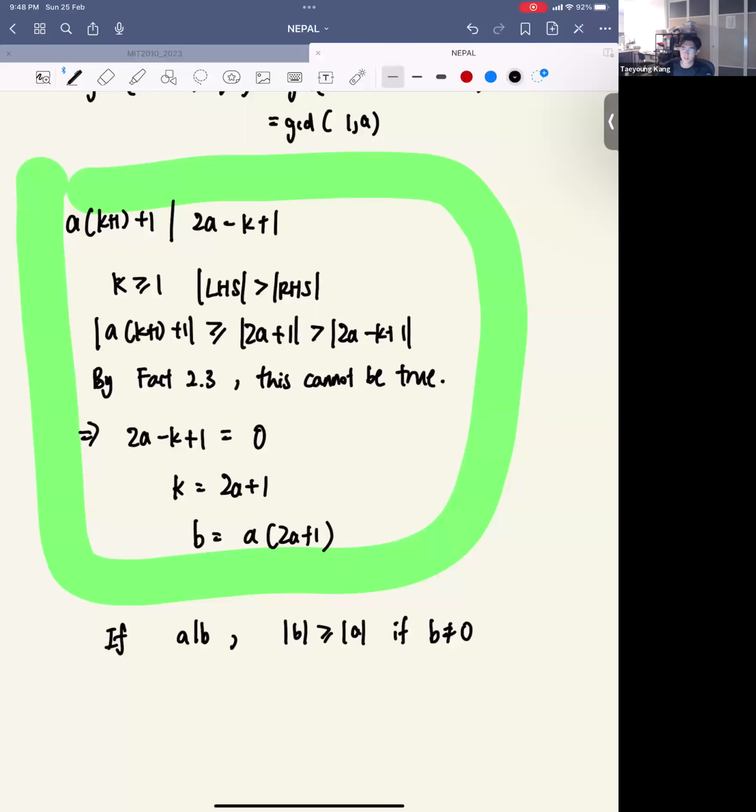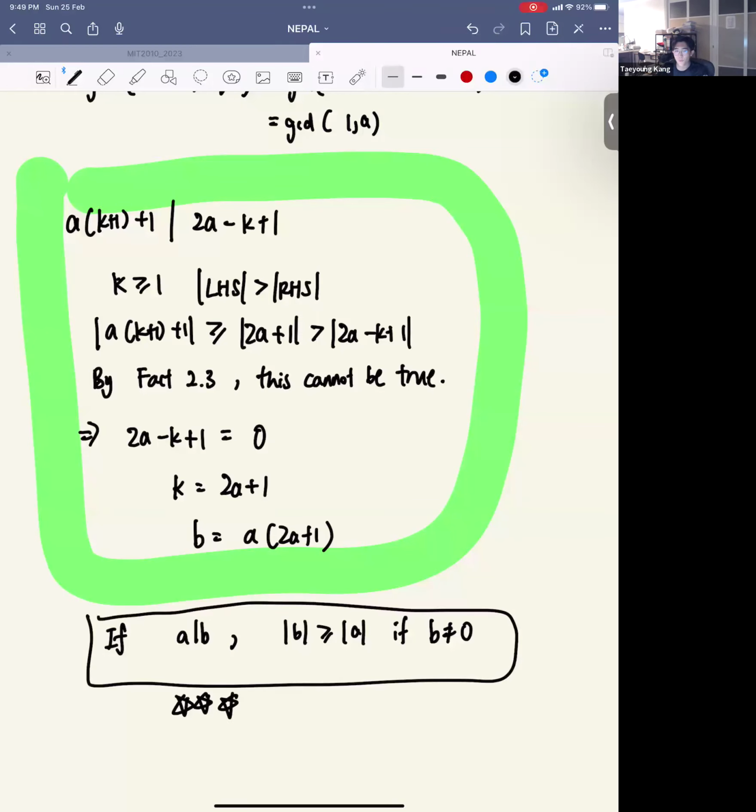Because if b is 0, anything can divide b. But if that's not true, this condition must hold. It's a very important condition for divisibility questions, and it's very useful when it comes to bounding by size.